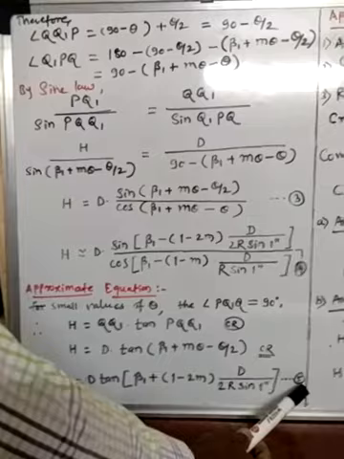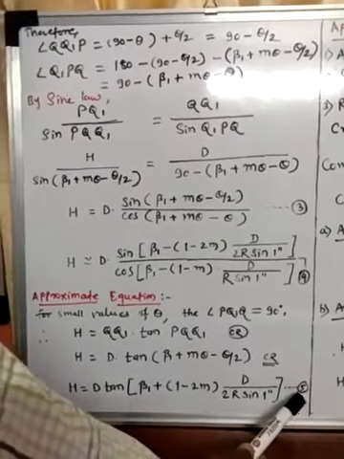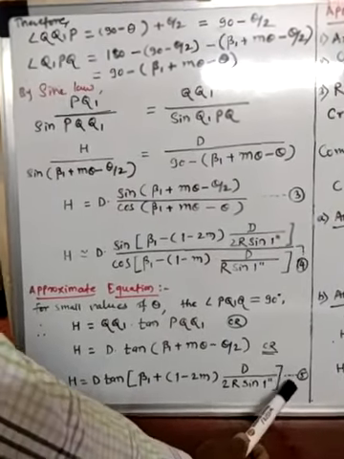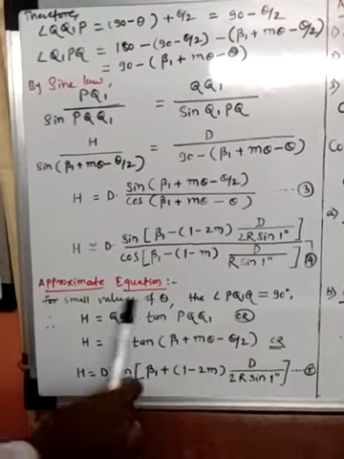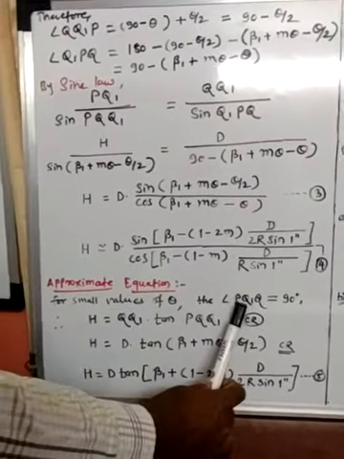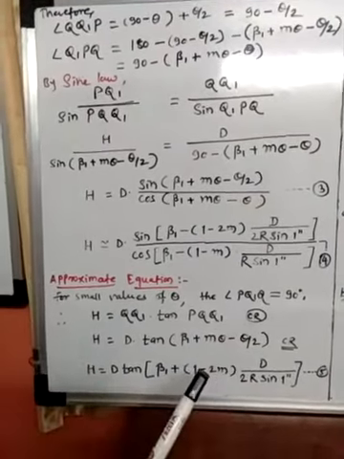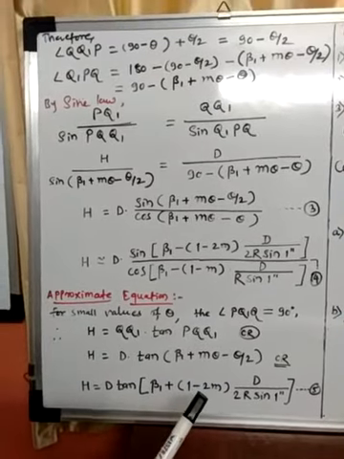This is the fifth equation. You consider it the approximate equation for small values of theta, when PQ1Q is taken as exactly 90 degrees, a right angle.